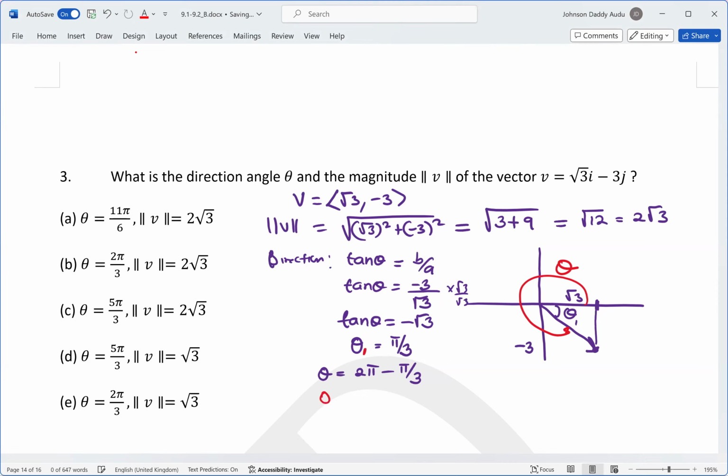So theta is going to be 6 pi over 3 minus pi over 3, which is just going to be 5 pi over 3, right?